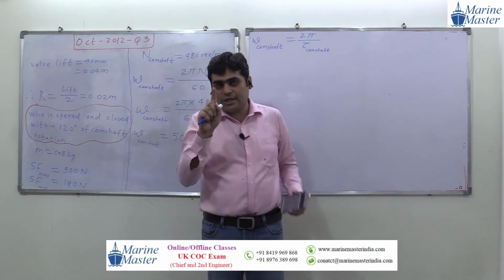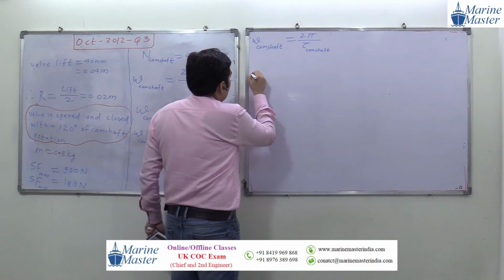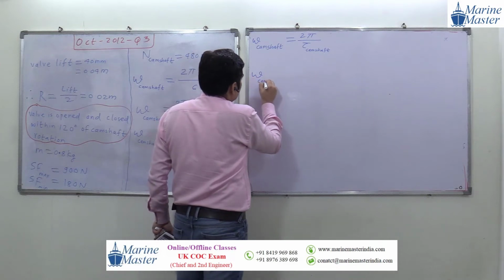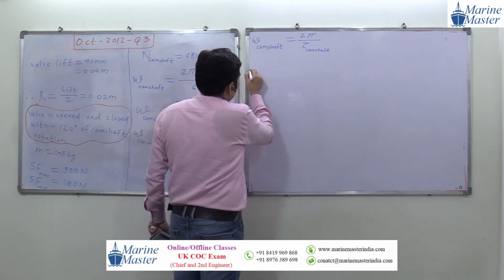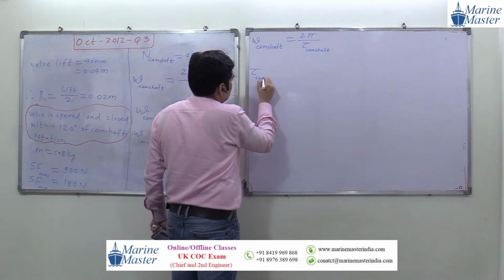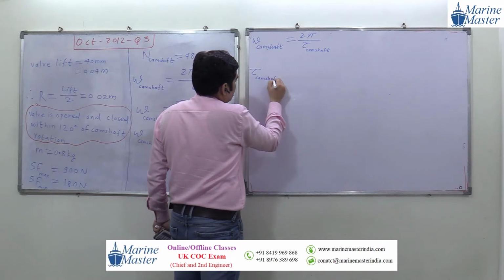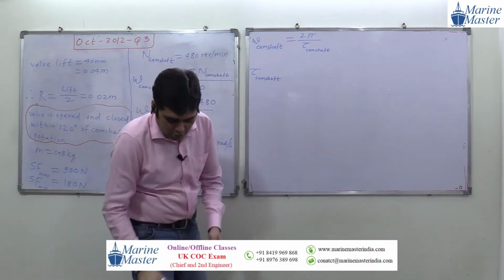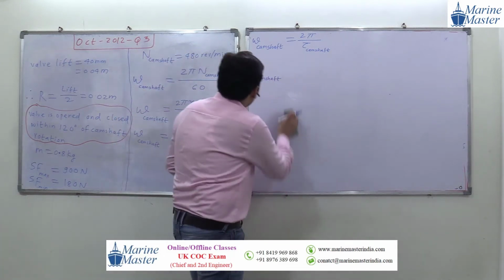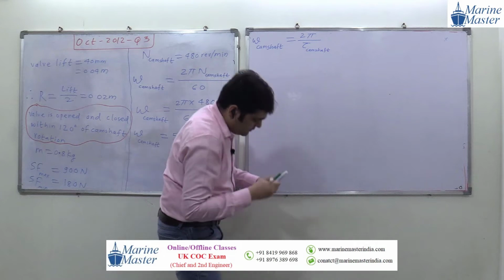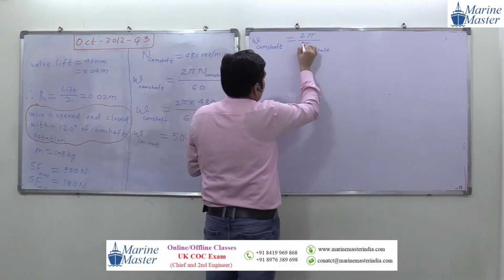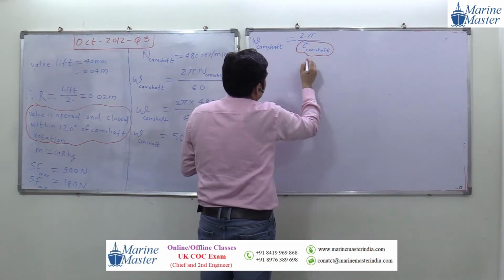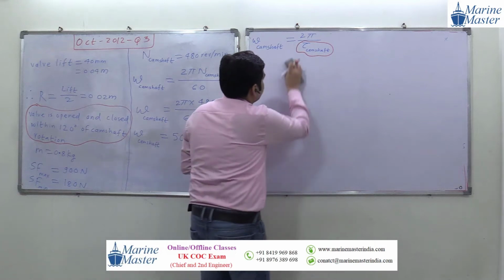Try to see the scenario here. So now tau camshaft will be equal to what, everyone? Tau camshaft means the time required for one rotation. What is the meaning of tau camshaft here? For our understanding, I am going to write down the meaning of tau camshaft.